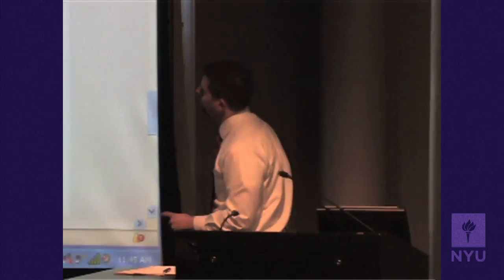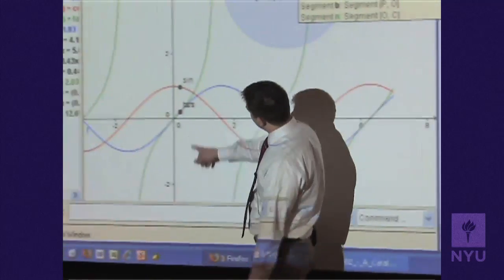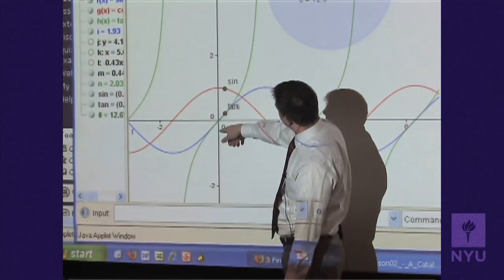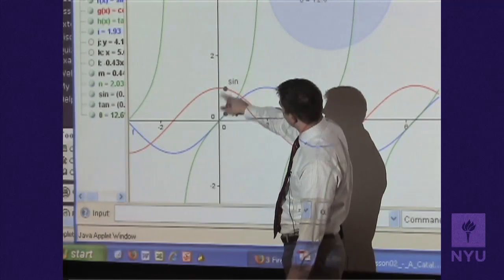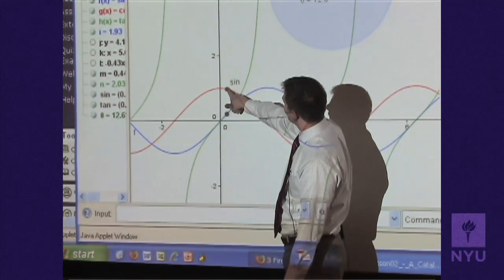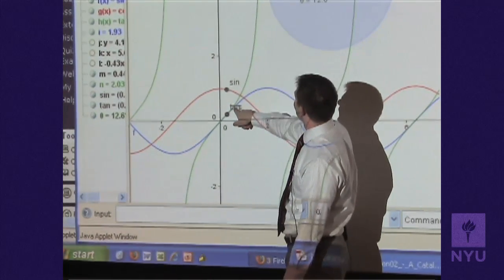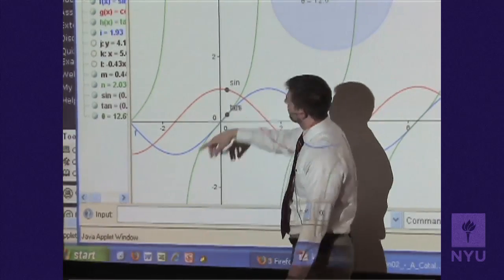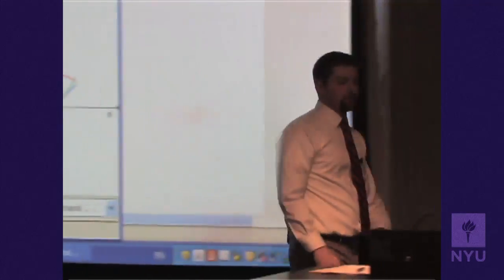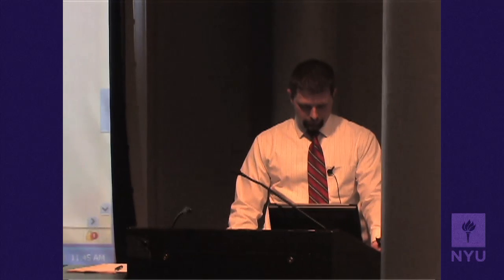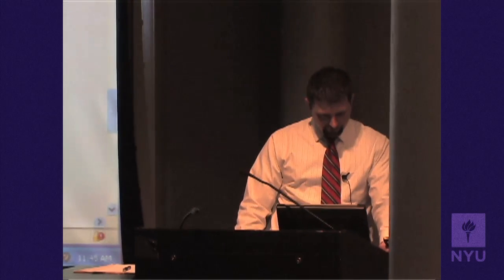So starting back there with a small angle, you can see that sine is, oh, I've got these mixed up. Actually, this is cosine. Cosine is very close to 1. Sine is very close to 0. And as I increase, let me see, maybe I can change that.